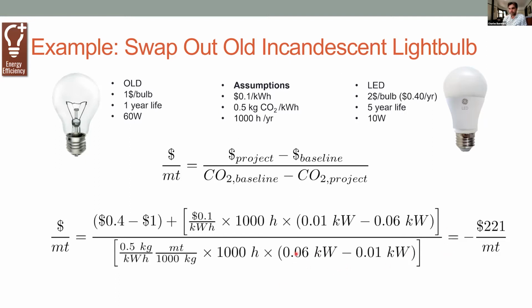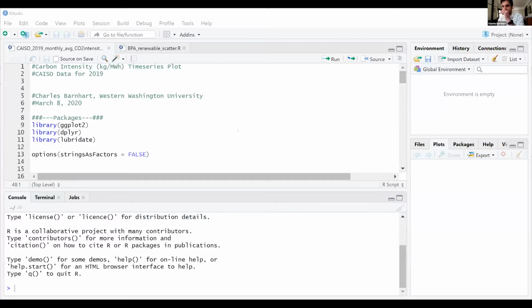So we could do that math here. Where's my screen? Share screen. Let's grab this. So I just opened up R because it's a free calculator, right? So how much carbon does this actually reduce for just one single light bulb per year?